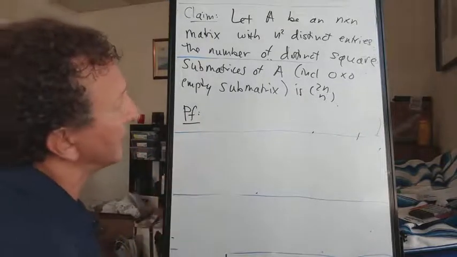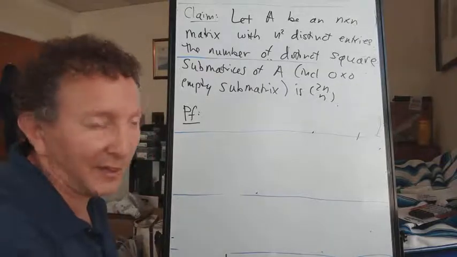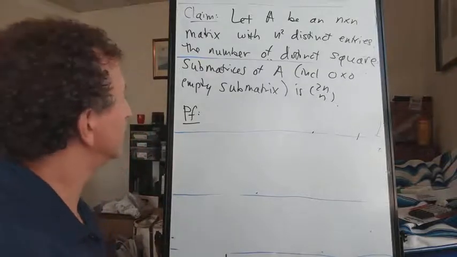So we'll count the k by k submatrices as k goes from 0 to n.